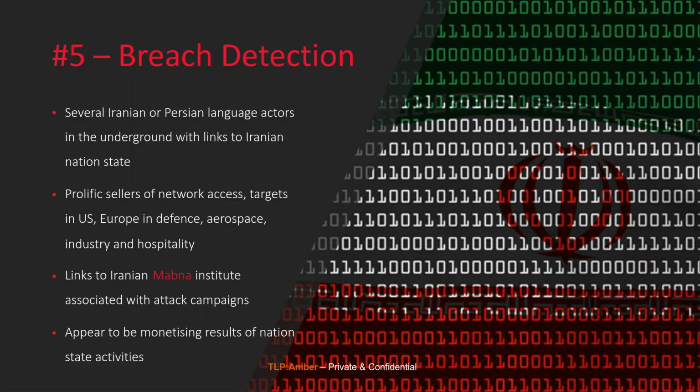And talking about breach detection, an interesting example there, because you find a very broad range of actors involved in selling access to organizations. One interesting example is Iranian or Persian language actors in the underground, and a number of them actually had links to the Iranian nation state.